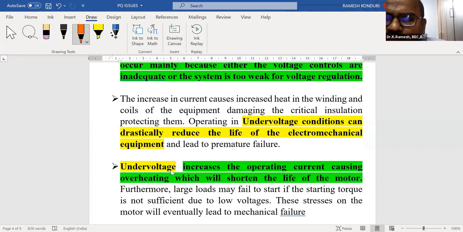Whenever the voltage reduces, for a given power P equal to V into I, maintaining the power factor as unity, if the voltage gets reduced, the current gets increased. So this increases the operating current, causing overheating, which will shorten the life of the particular equipment.